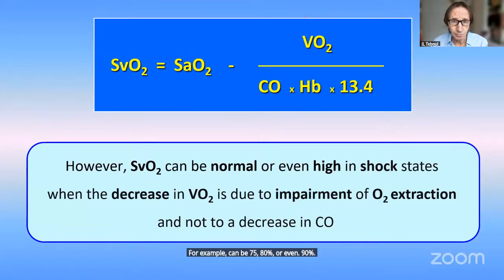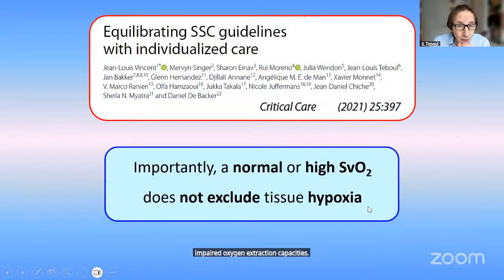It does not mean that everything is good. The patient can be in shock, but it means that there are severely impaired oxygen extraction capacities. So a normal or high SVO2 does not exclude tissue hypoxia.